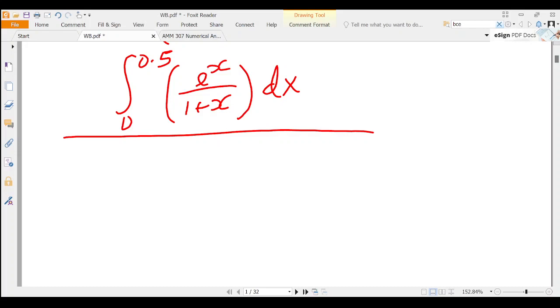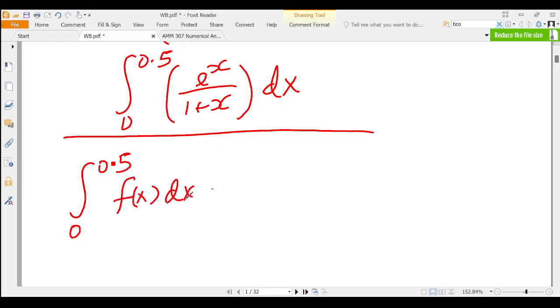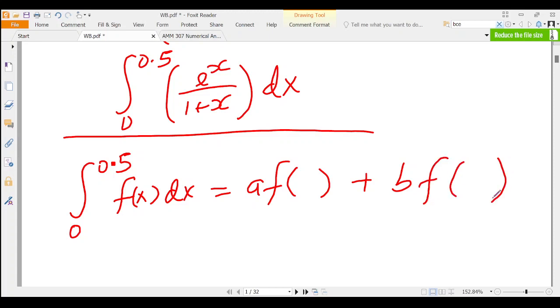So we can start by writing our integral from 0 to 0.5 of f of x dx is equal to a times f of some value plus b times f of some value. We can pick some values of x between 0 and 0.5.